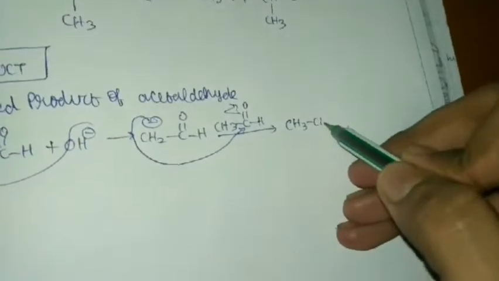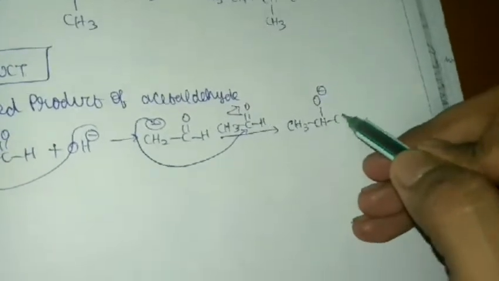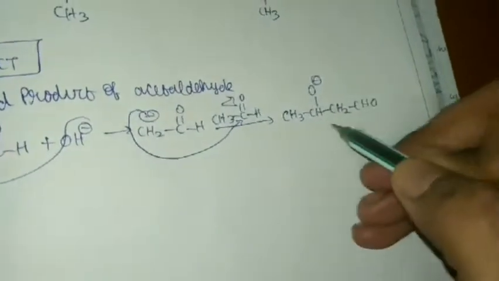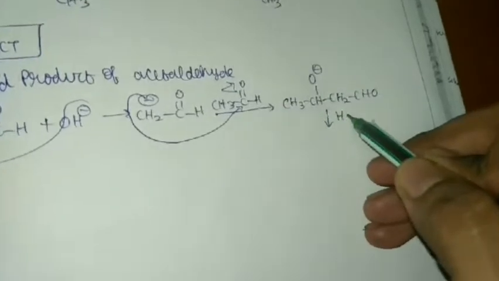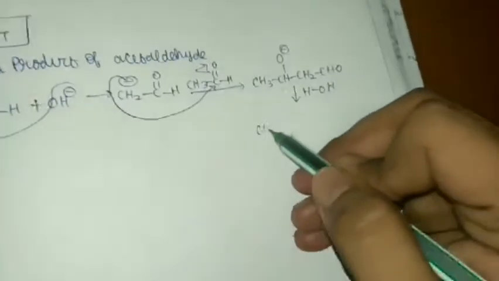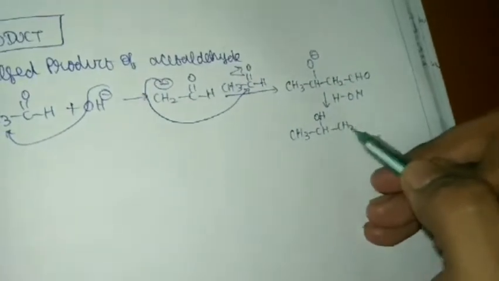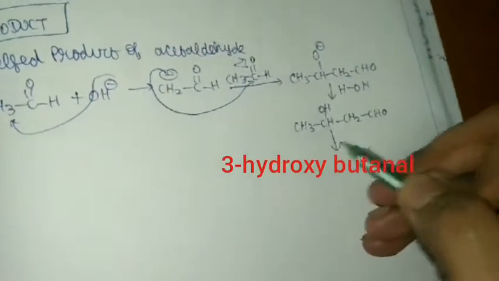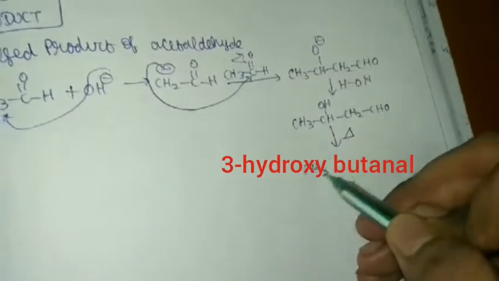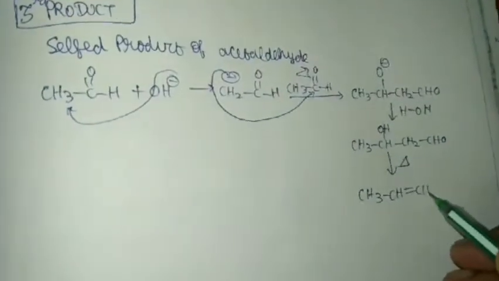Okay. So CHO minus CH2 CHO, then HOH, CH3 CHOH CH2 CHO. Now you heat it to get CH3 CH double bond CH CHO. Right? This is the third product.